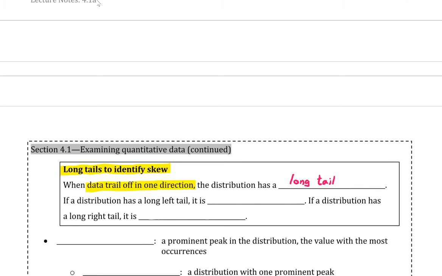If the distribution has a long left tail, then we say it is skewed left. If the distribution has a long right tail, then we say it is skewed right. It is sometimes helpful to imagine drawing the shape of the distribution over your histogram to identify the shape of the skew that you're looking at.